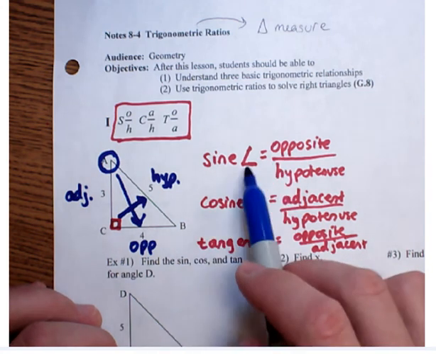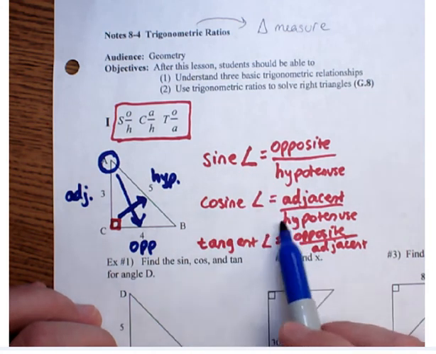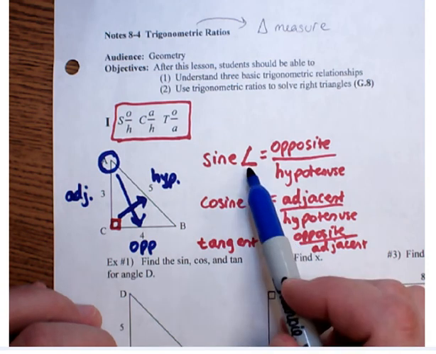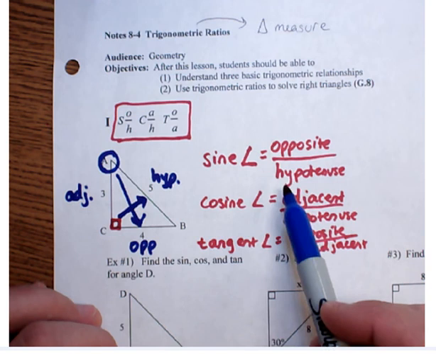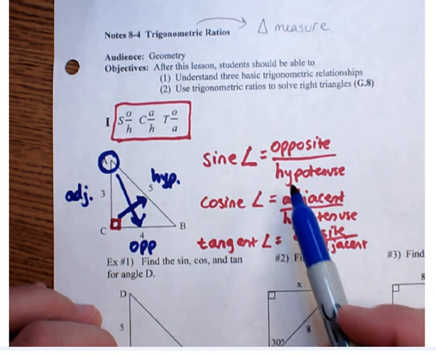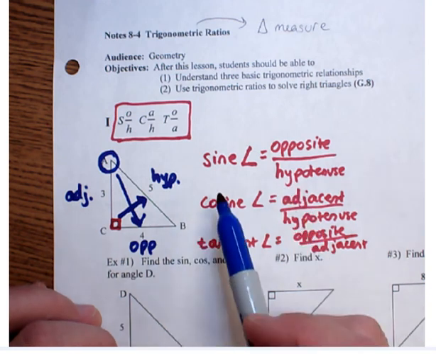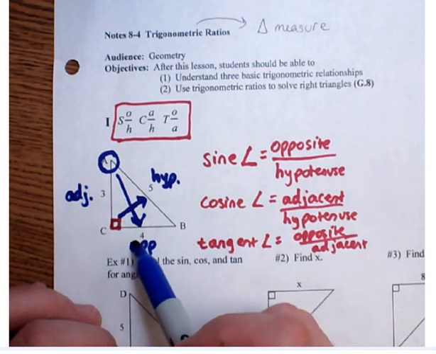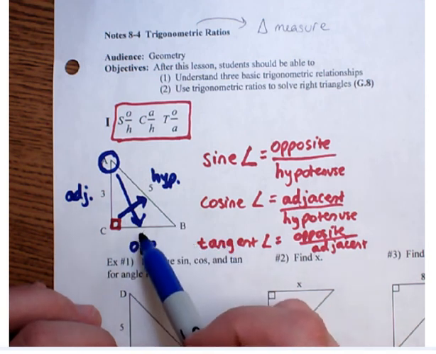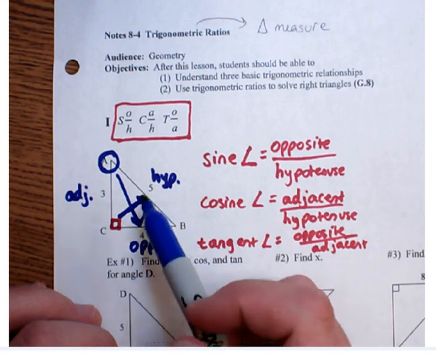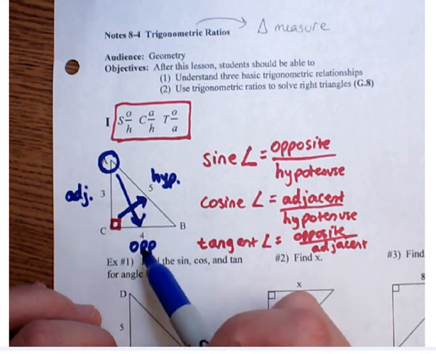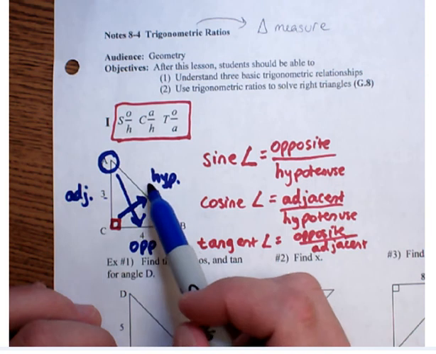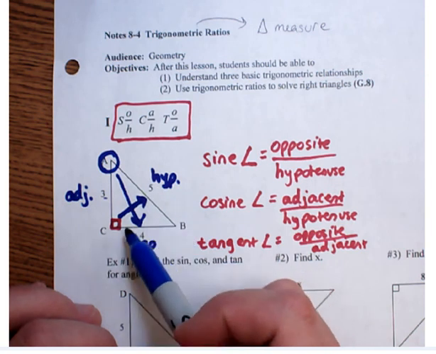So these are all called trigonometric ratios. These are trig ratios. What you're comparing is an angle measure to two sides of the triangle. The reason why we have three of these, sine, cosine, tangent, is because when you look at the sides of the triangle, you could compare these three ways. You could compare the 4 and the 5. You could compare the 3 and the 5. You could compare the 4 and the 3.